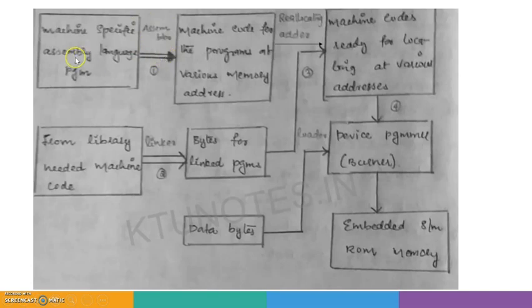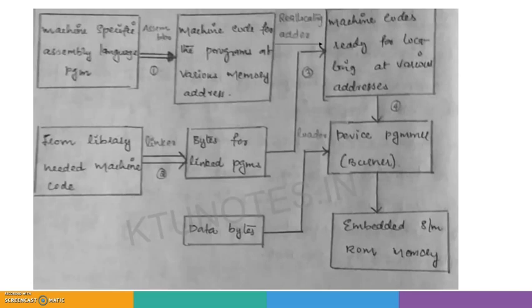The assembly language codes which we have written will first be converted to machine form, and then the machine codes are ready to be located at various addresses. Now in the assembly codes there will also be some library functions, some predefined functions that we will be using.